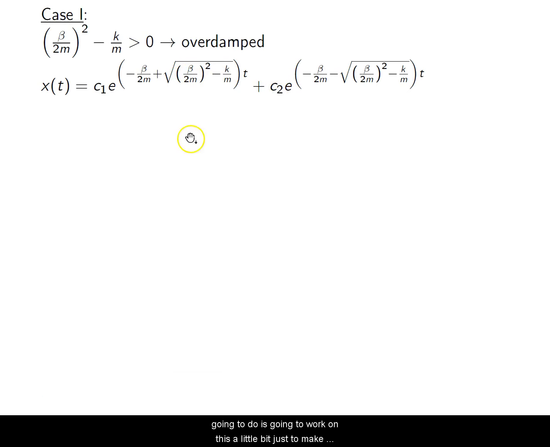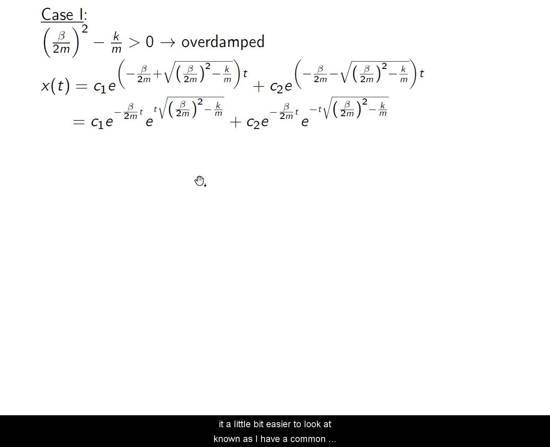So what we're going to do is work on this a little bit just to make it a little bit easier to look at. Notice I have a common term. I have e to this plus this. So what we can do is separate that into multiplication of bases. Same thing here. Multiplication of bases, but I'm just thinking about it as one as negative. I did not feel like writing crazy fractions here. We'll just keep this as a negative exponent, okay?